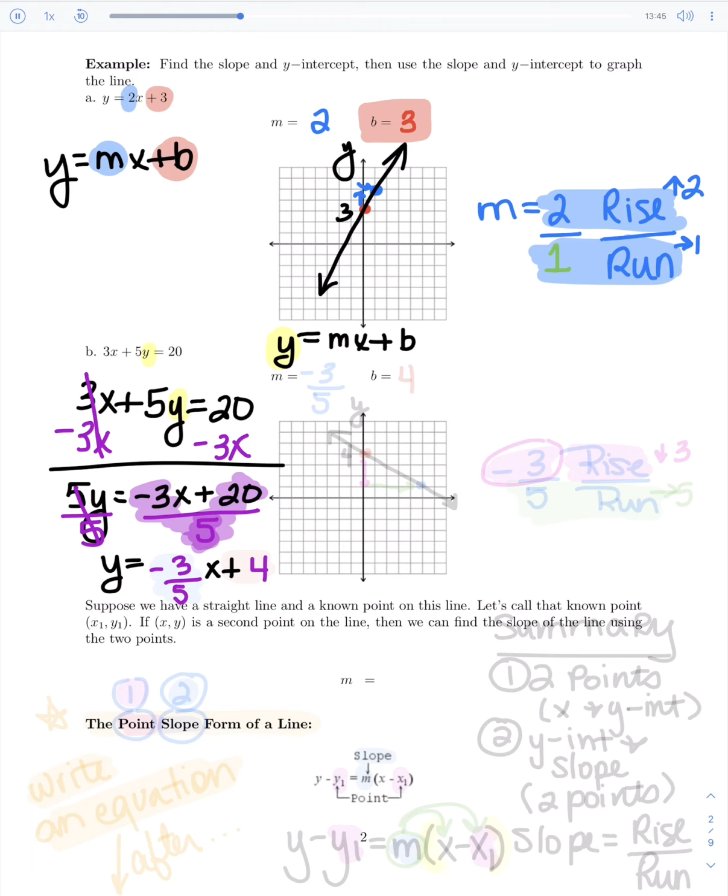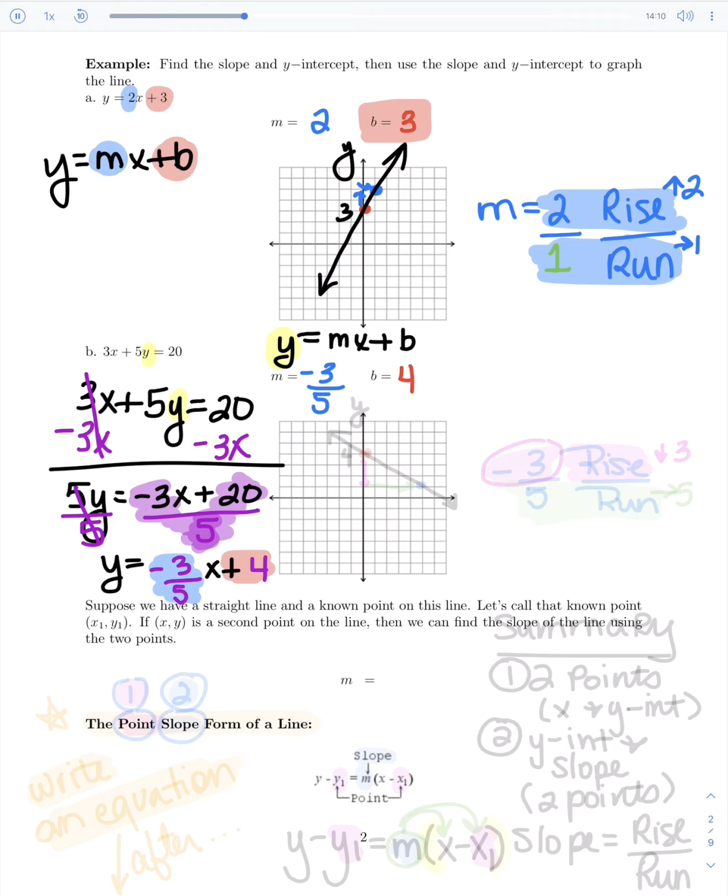Now, just like the last one, we have two parts of information here. We have the negative 3/5 in front of the x, which is our slope. Just like always, the slope is always in front of the x, once the y is by itself. And then we have a y-intercept that's off by itself here, which is the 4. So the b is 4.